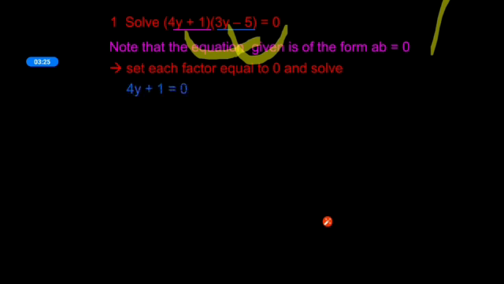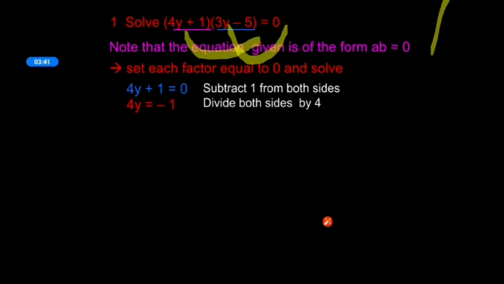For example, 4y plus 1 equals 0. Subtract 1 from both sides, as in take 1 to the other side. So we have 4y equals minus 1. Then divide both sides by 4. The first answer for y will be minus 1 over 4. Now taking the second one, 3y minus 5 equals 0.